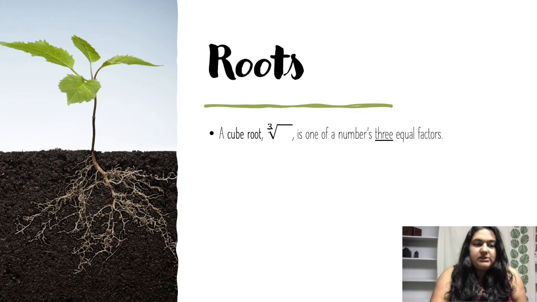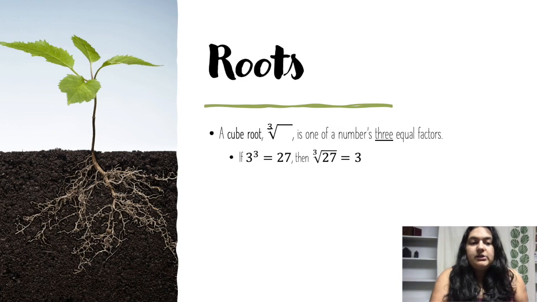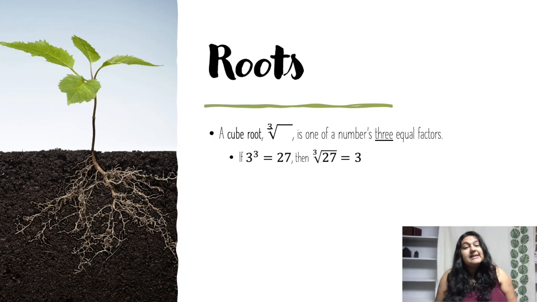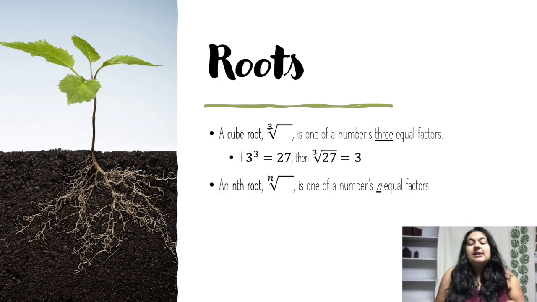So actually, I just remembered I can do a little laser pointer. Here we go. So that's that 3 I was talking about. If I have here 3 cubed is equal to 27, that means the cube root of 27 is 3. Again, that is that inverse operation I was telling you about.